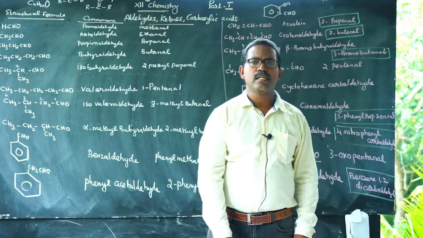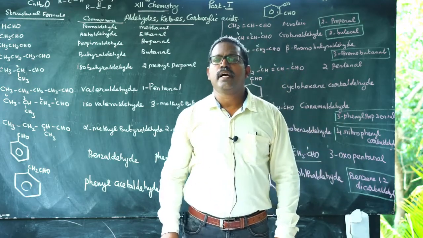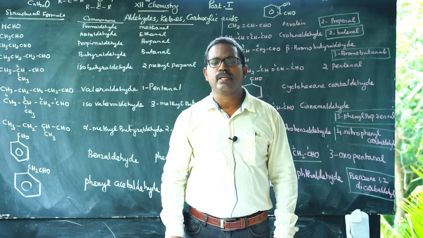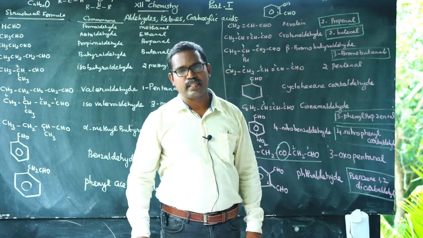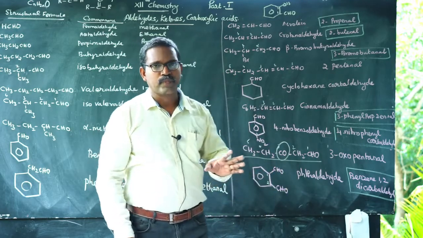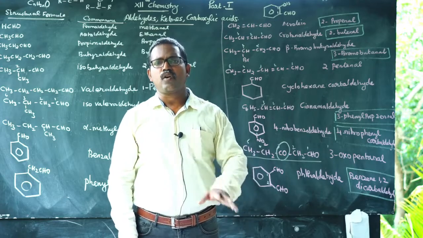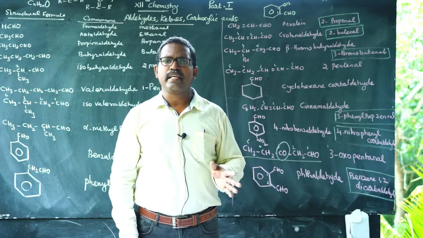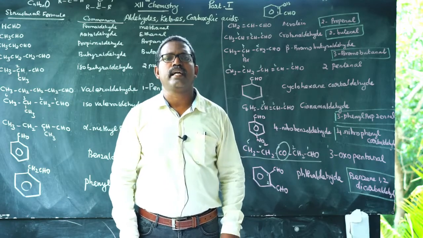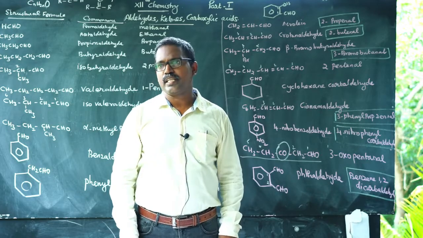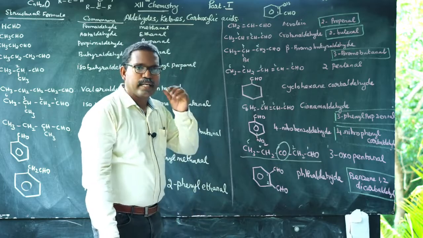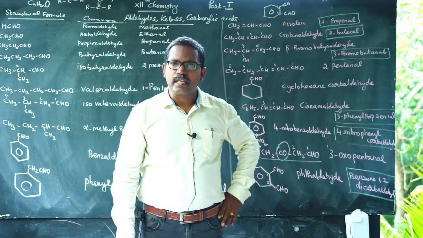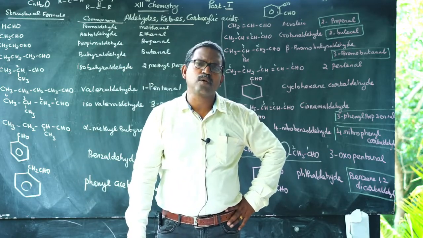So these are some common and IUPAC names of aldehydes. Here we discussed aliphatic aldehydes, aromatic aldehydes, aliphatic saturated aldehydes, and aliphatic unsaturated aldehydes. In aliphatic aldehydes, alkyl groups are present.